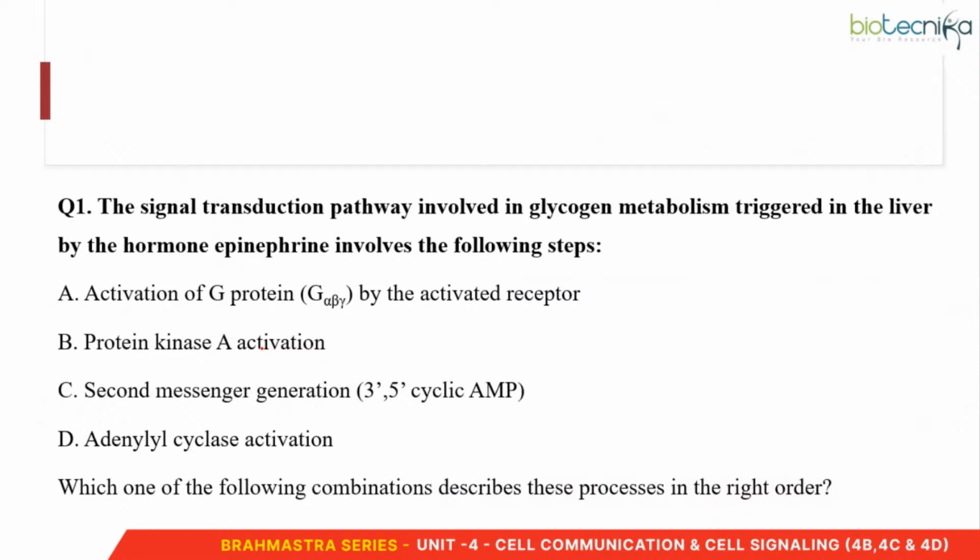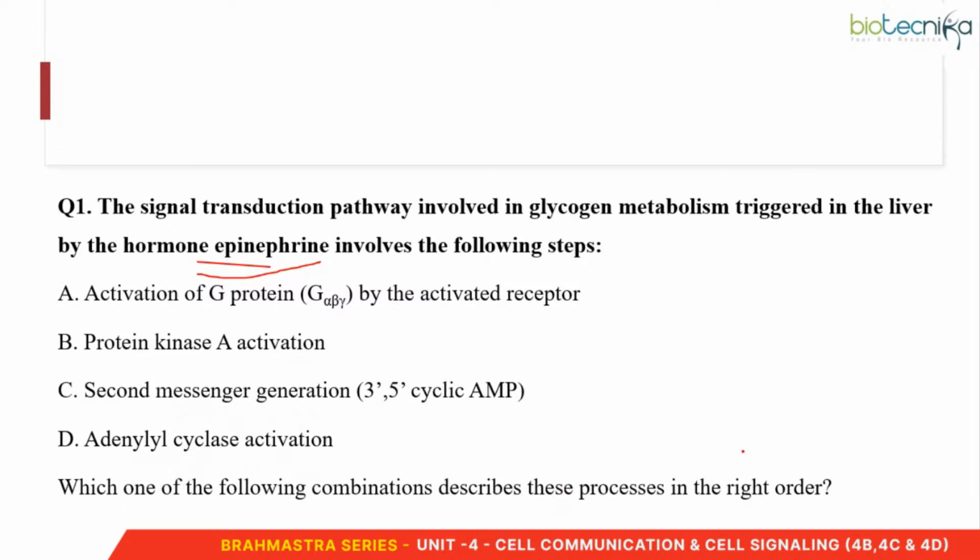This is the most recent question. The signal transduction pathway involved in glycogen metabolism, triggered in the liver by the hormone epinephrine, involves the following steps: activation of G protein by the activated receptor, protein kinase A activation, second messenger destruction, adenylyl cyclase activation.